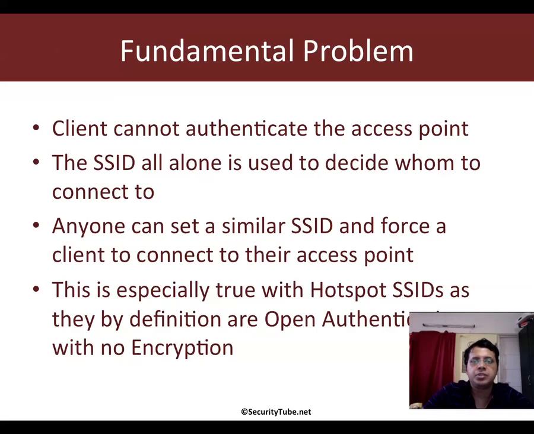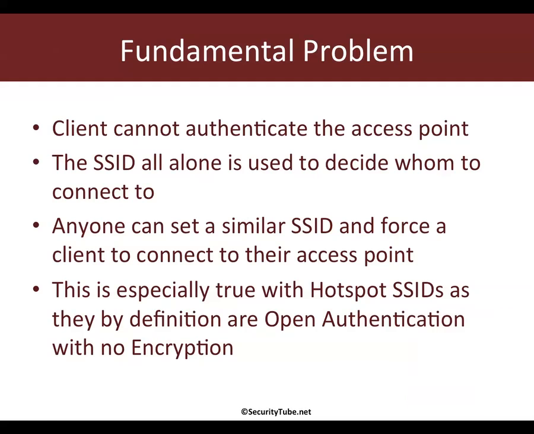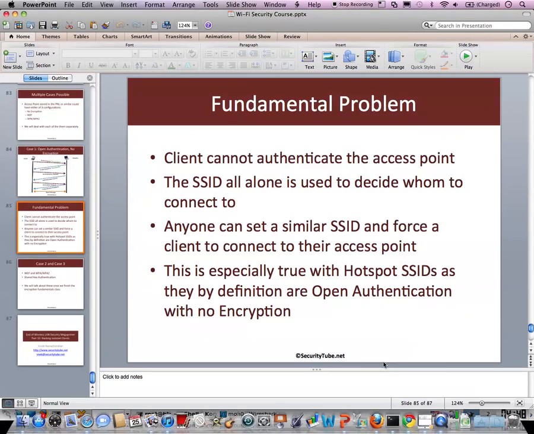Anyone can set up a similar SSID based on what the client is currently probing for and force the client to connect to them, right? And this, as one can imagine, would be especially true in the case of hotspot SSIDs, which almost by definition have open authentication and no encryption at all. So now let's go to a demo and look at how all of this would work.